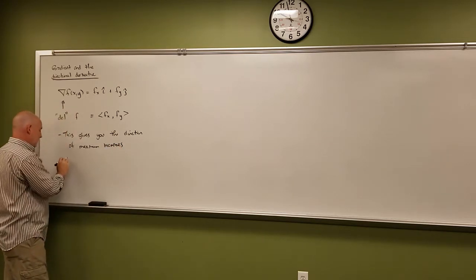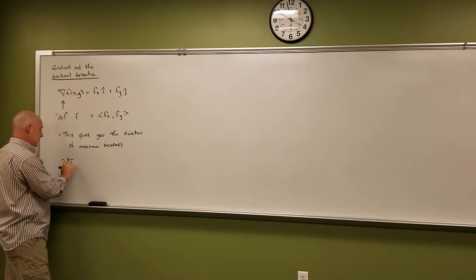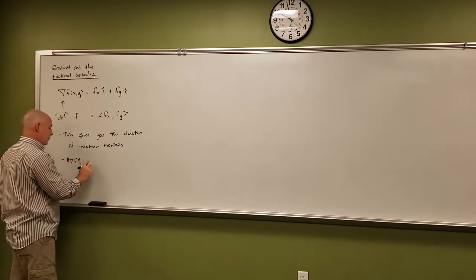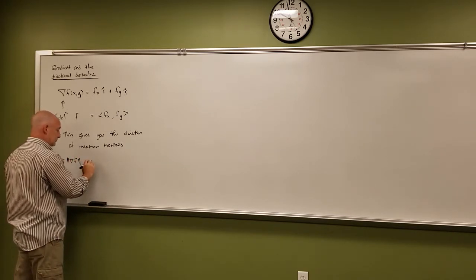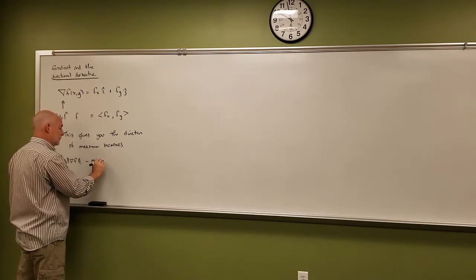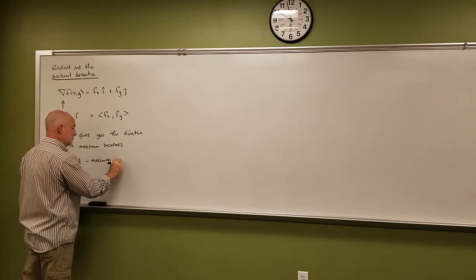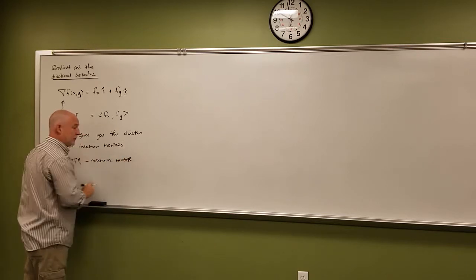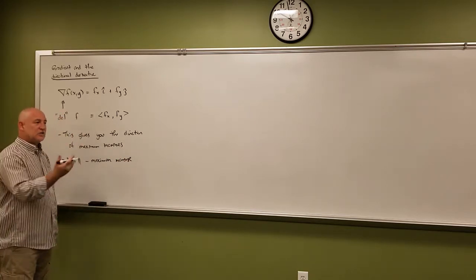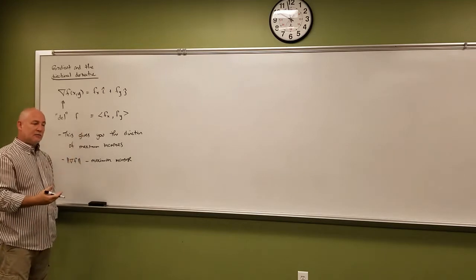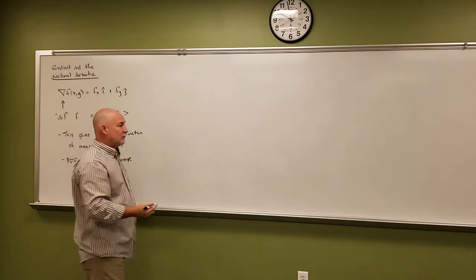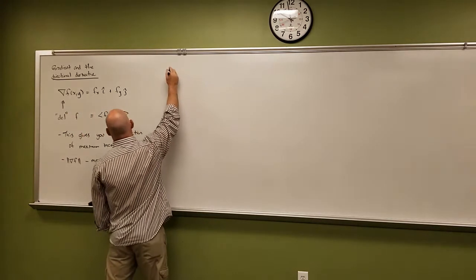And the magnitude of del f will be the maximum increase itself, or kind of think about it, the maximum slope you could have leaving that point. So let's just take a look at a couple real quick pictures, kind of the idea.